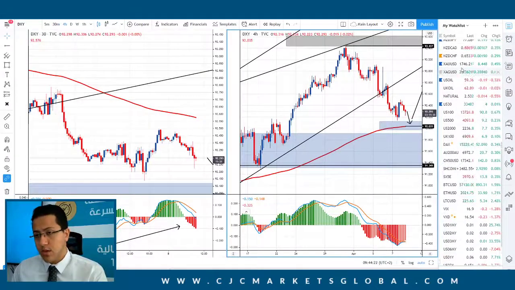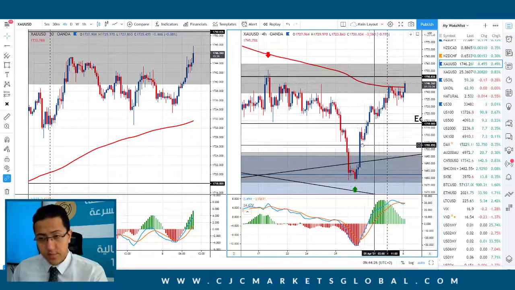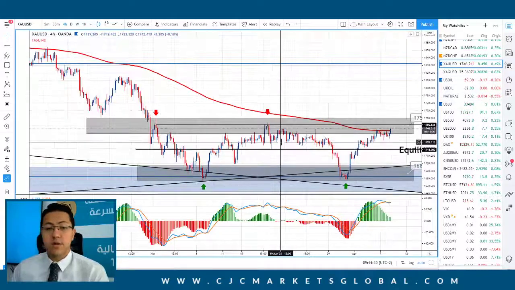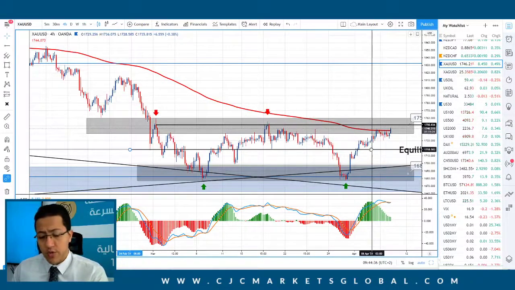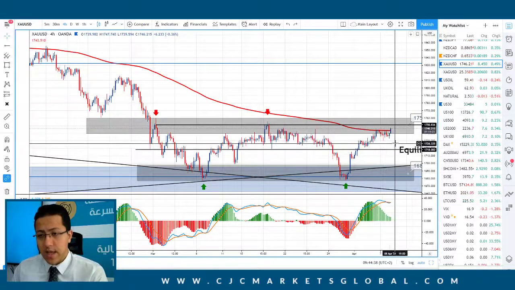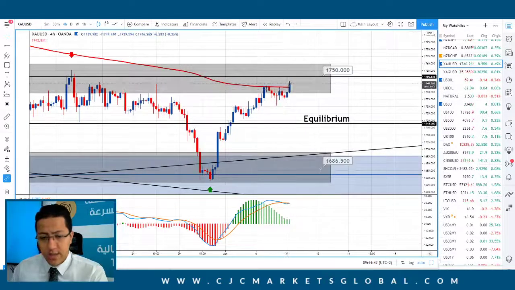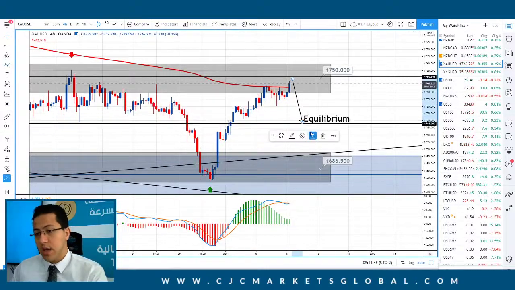On the opposite side, on gold, it's currently trading on 1746. We mentioned during the past week that we are currently trading in a brilliant and strong resistance zone just around the 1750. So what we are expecting through the day is that we need to see some bearish price action from here, and then a movement to the downside to retest the equilibrium point just around the 1718.